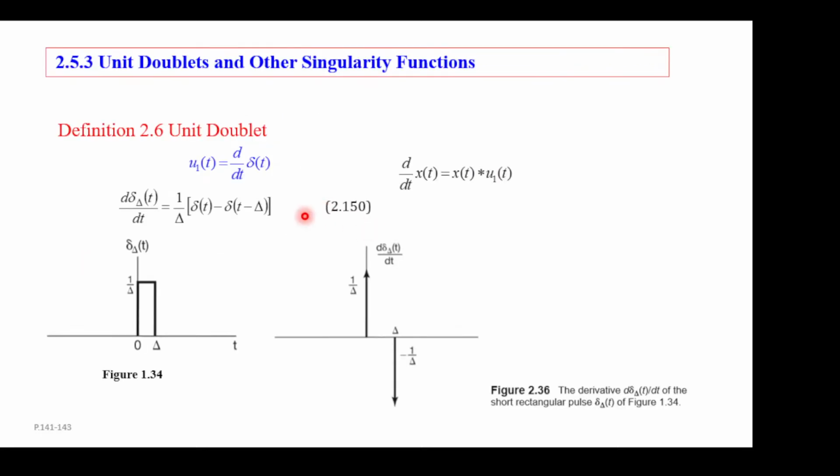And just a little reminder about all the singularity functions. The delta function is like the limit of a really thin rectangle as its width goes to 0. If you take the derivative of this thing, then you get two very close spikes. So u_1 is a one-time derivative of this thing. It's really weird, but we use the operational definition: if you convolve some function with this u_1 of t, then you are taking a derivative of your x.